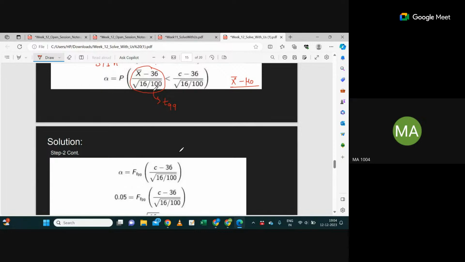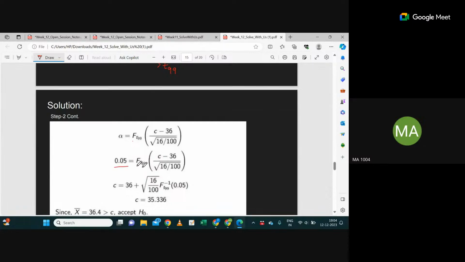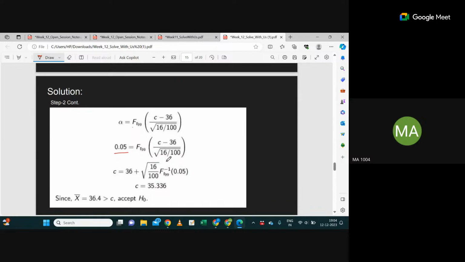It's already in less-than form, so I can write capital F t99 of (c minus 36) divided by square root of 16 by 100. Yes or no? Clear? So this is 0.05 equals F t99 of (c minus 36) divided by square root of 16 by 100.